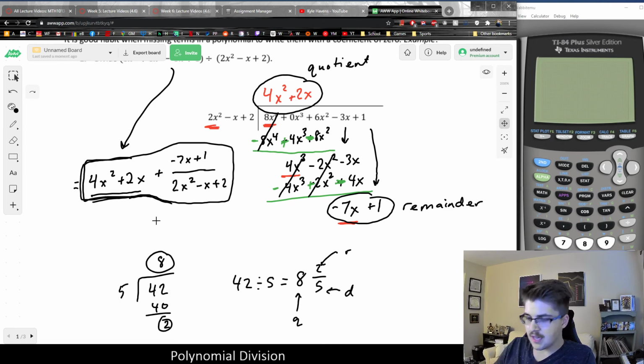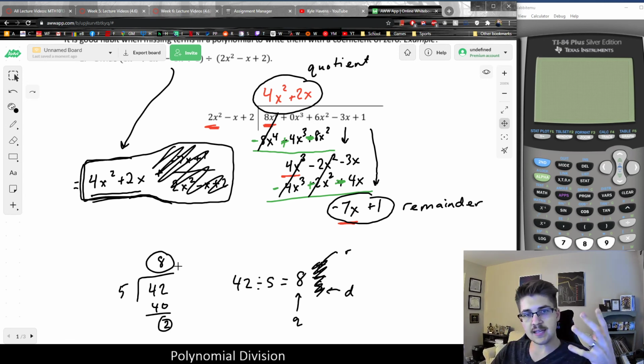And basically, like in the last one, since we have a remainder, that implies that these two polynomials were not divisible, because the answer that I get is not whole. Just like how 42 and 5 are not divisible because we get a remainder. And when we do have numbers which are divisible, we get a zero remainder. So what that produces is basically no fractional component. And the same thing will be the case if we get a zero remainder.